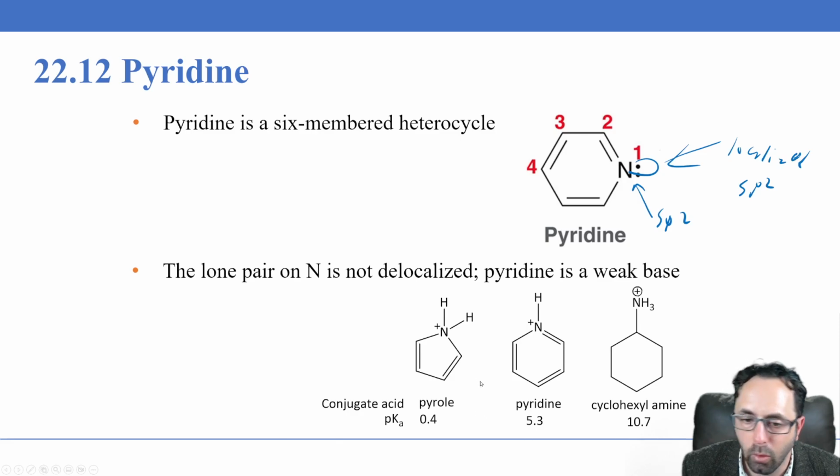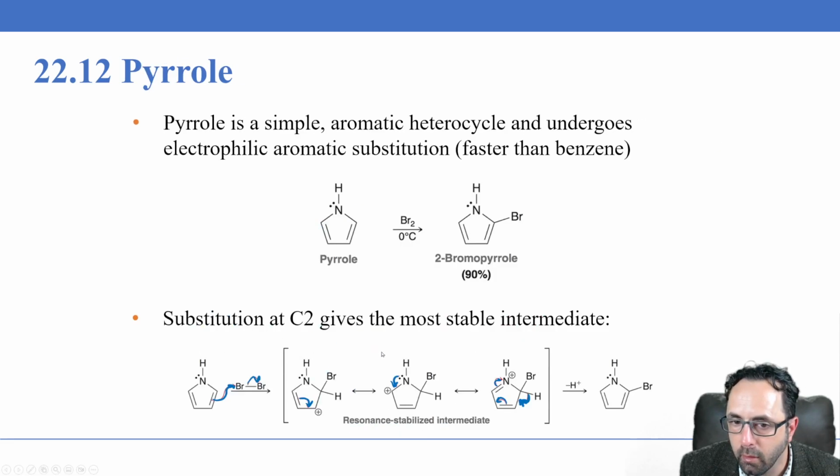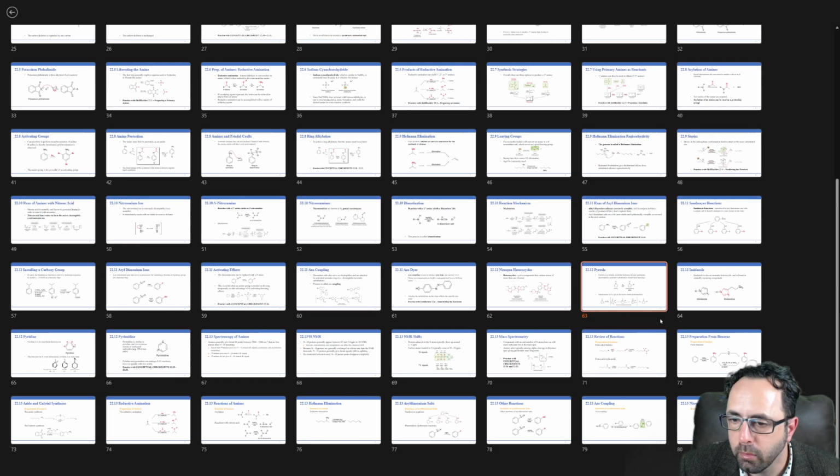So pyrrole here, its conjugate base is the compound here, and this is not a great base because this lone pair is delocalized, right? So for pyrrole, the lone pair here is delocalized, as we saw.